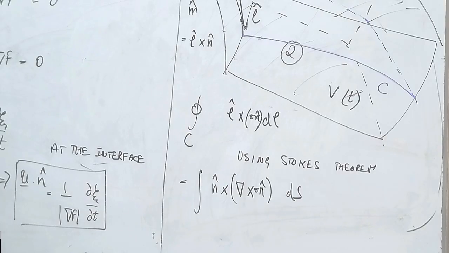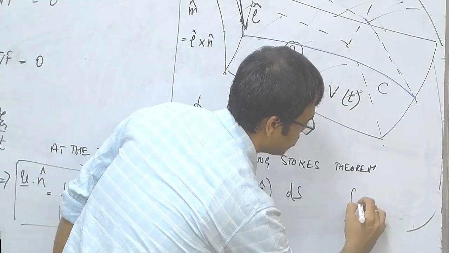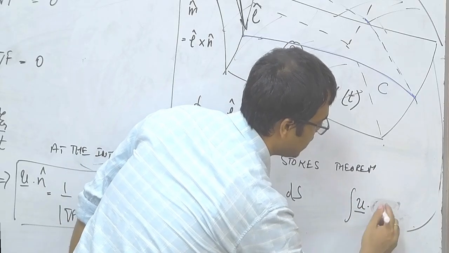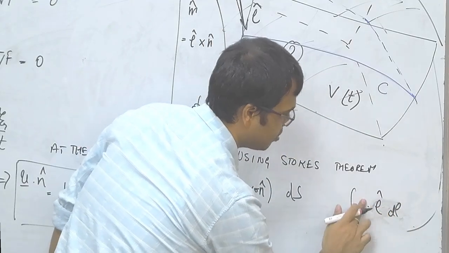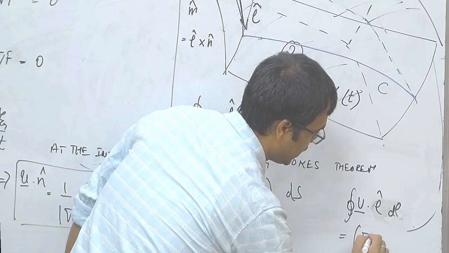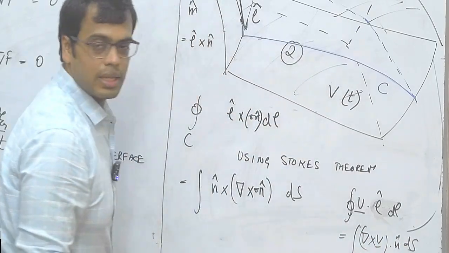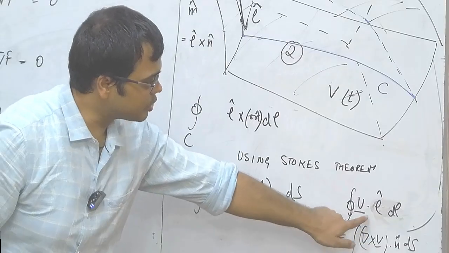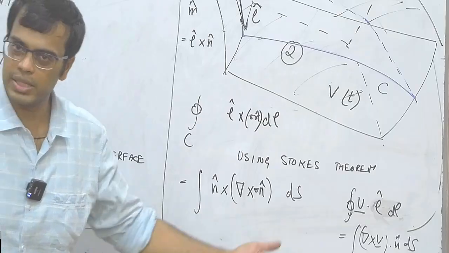Usually you may be familiar with the Stokes theorem definition, which is like this: the integral of v dot l hat dl, where v could be any vector, is equal to del cross v dot n ds. Now the actual Stokes theorem is that you can remove this dot and replace it with any operation, and the equality remains.